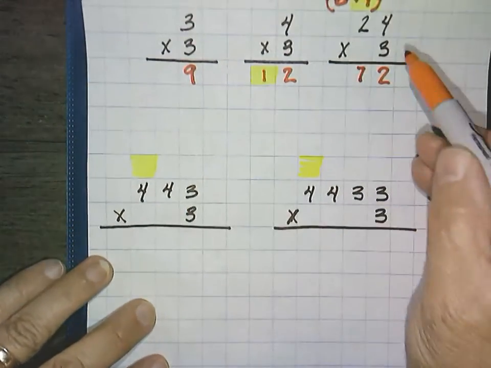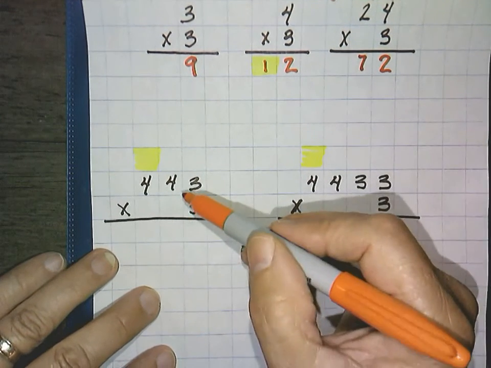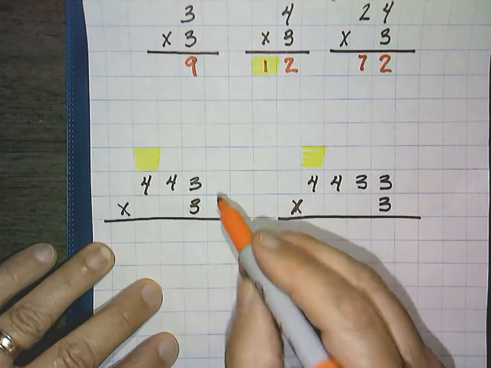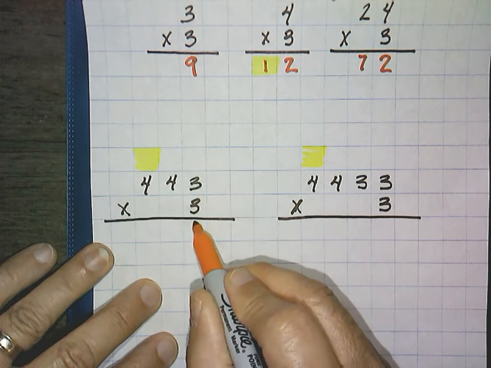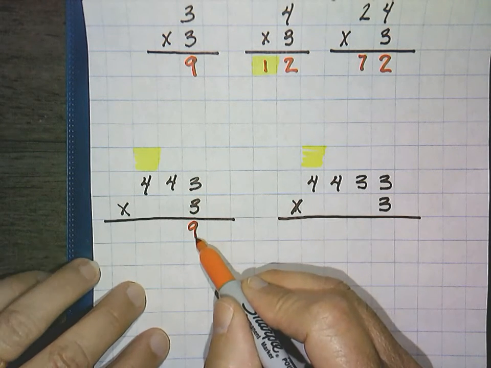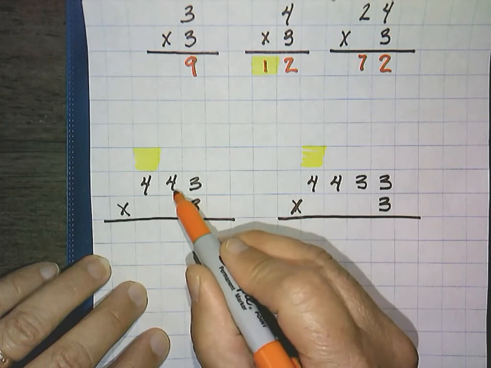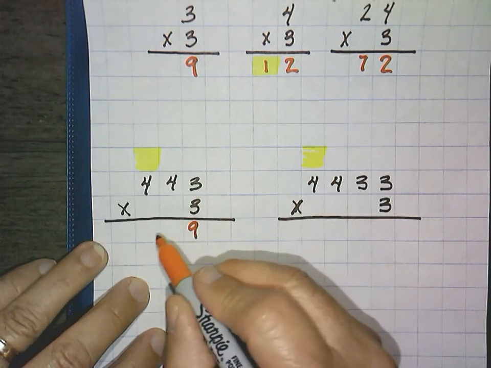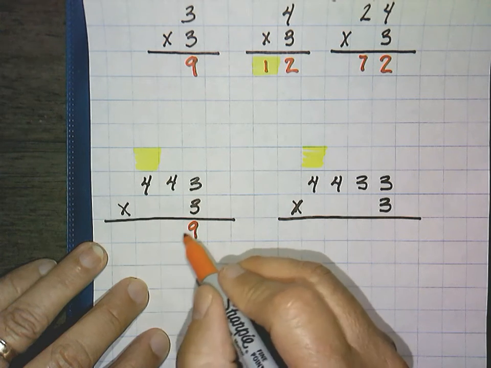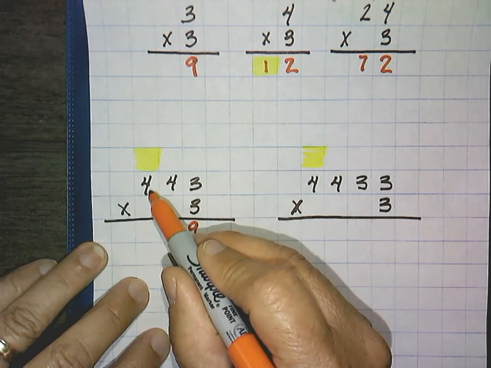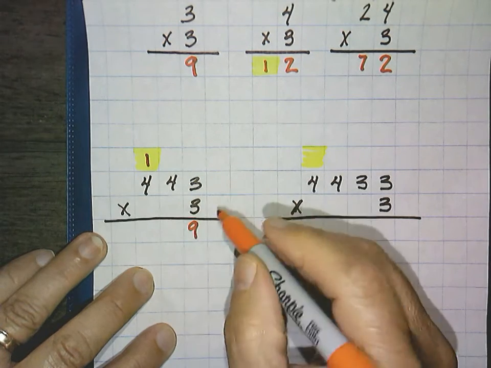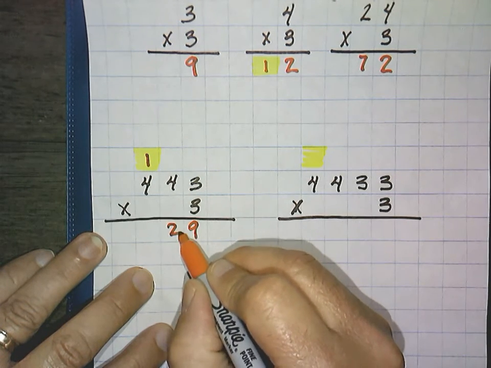For example, this was a 2-digit problem. In this case, let's just try real quickly a 3-digit problem. So 3 times 3 is 9. That's a 1-digit answer. I did not have to regroup. But 4 times 3, we said before, is 12. Well, I'm not allowed to write 12 here because we have a 4 in the hundreds. So I would regroup like that.